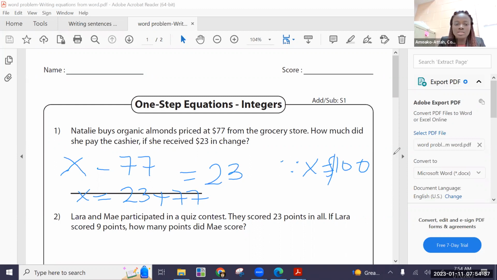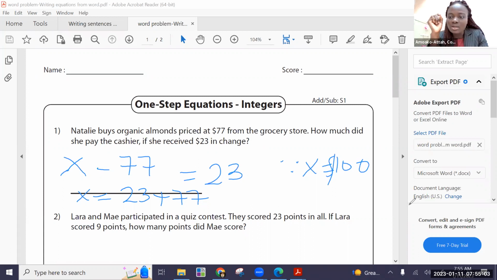Okay, so let's see the second question. Again, Ruth and Comfort participated in a quiz contest. They scored 23 points in all. If Ruth scored 9 points, how many points did Comfort score?